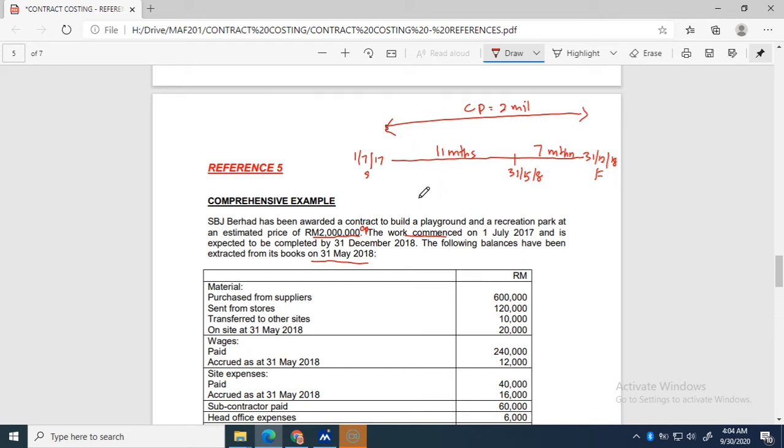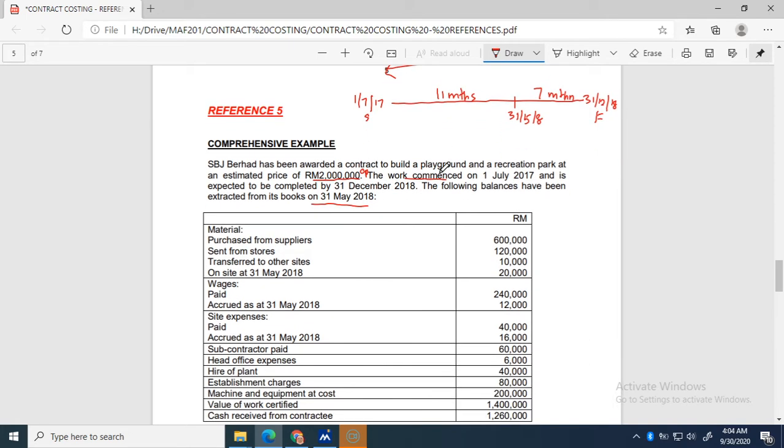Now you are required to prepare the construction in progress for the end of 31st May. That means your CIP is here, and this is your closing date.